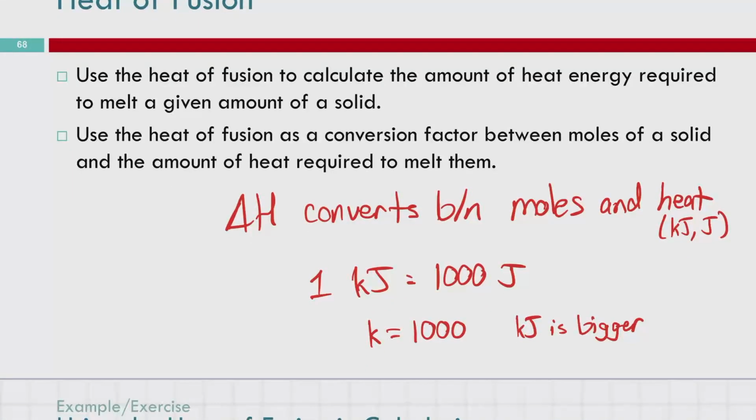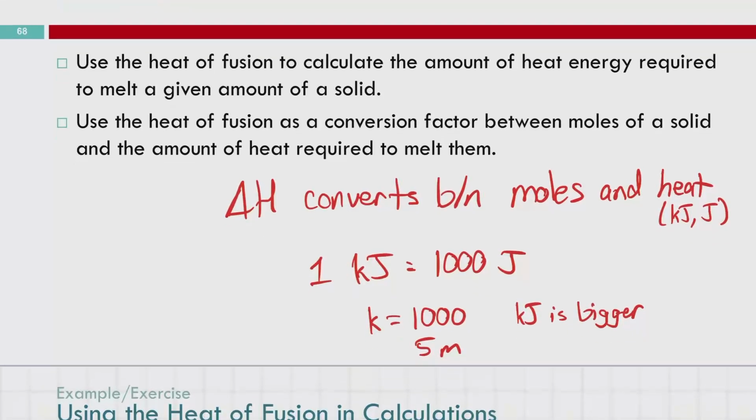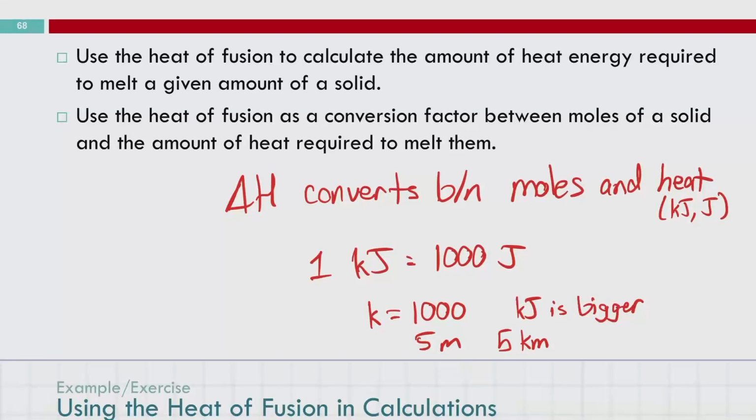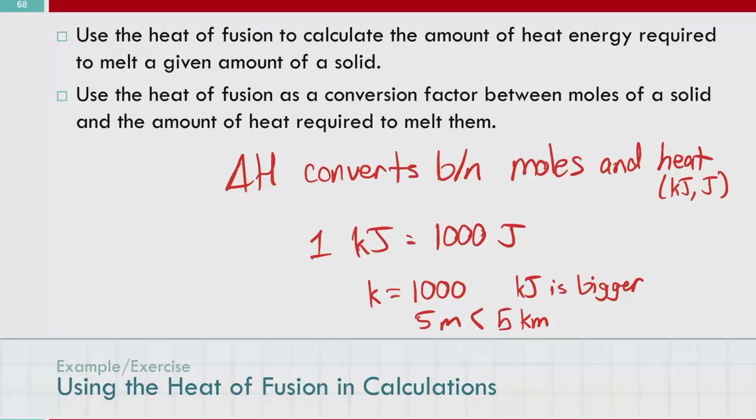If you tell somebody, hey, I ran 5 meters, whoop-de-doo. For most people. Some people that might be an accomplishment. If you tell your friend, hey, I ran a 5K, I ran 5 kilometers, that's probably for most people a bit more impressive. That's like 3.1 miles. Kilometers are bigger than meters.